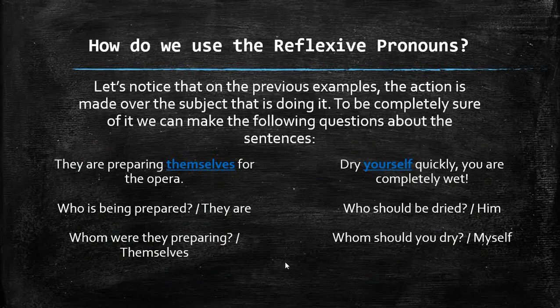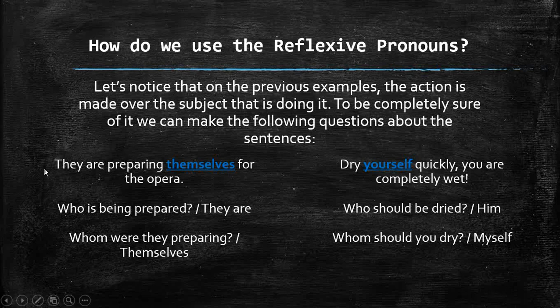Let's notice that in the previous examples, the action is made over the subject that is doing it. To be completely sure of it, we can ask the following questions about the sentences.